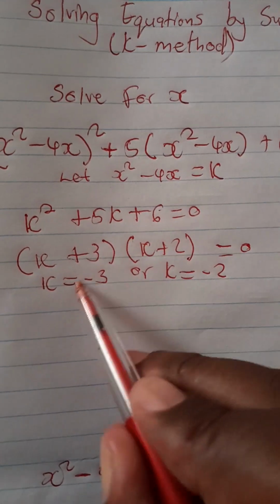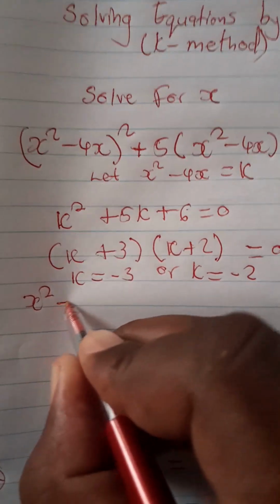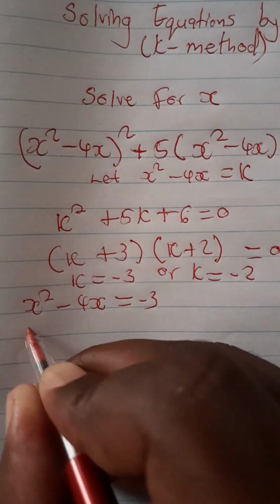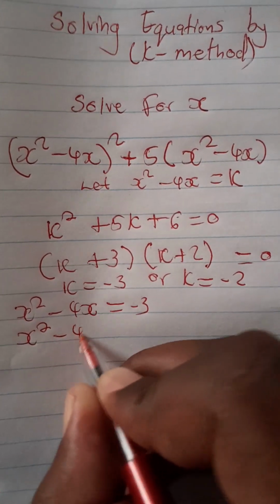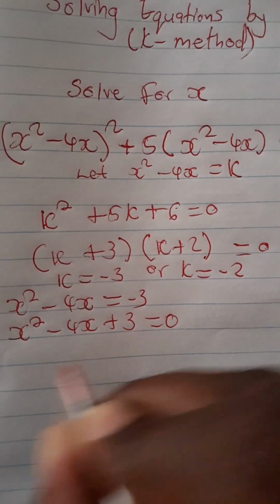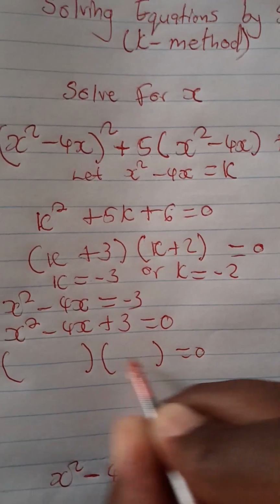Where there is k, you replace it by negative 3. Let's start with the one that has negative 3. x squared minus 4x equals negative 3. Let's take 3 to the other side. It becomes plus 3 equated to 0. Yes, we can factorize this because it's a quadratic equation.